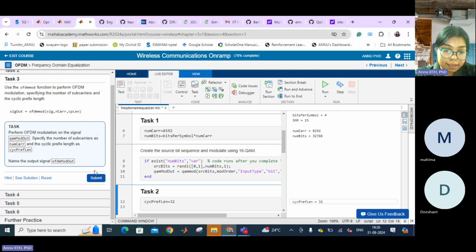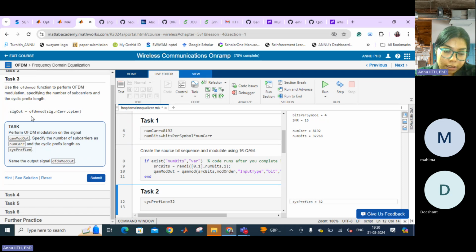So the next task is to use that OFDM mod to perform the OFDM modulation. Specify the number of subcarriers and cyclic prefix length.